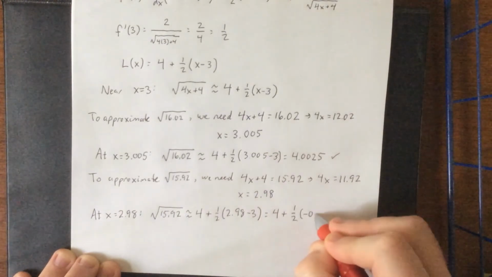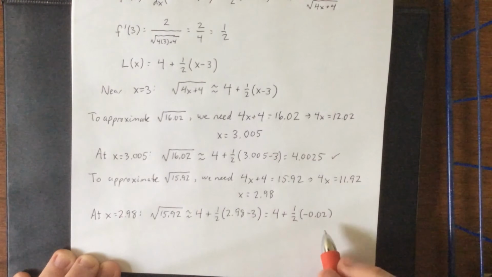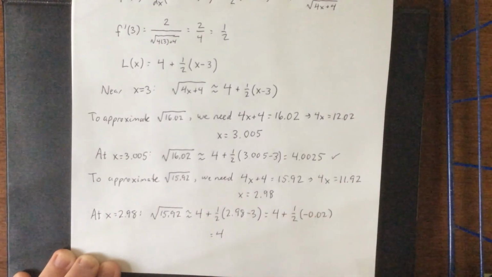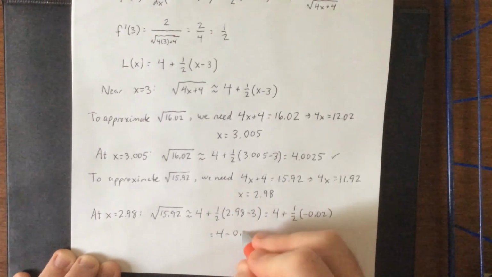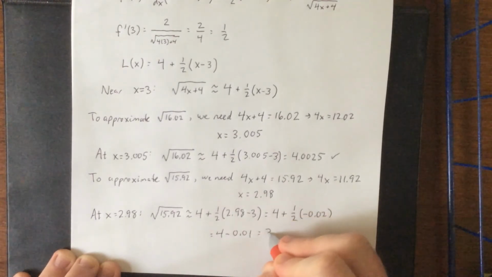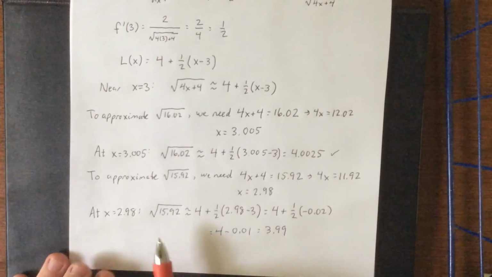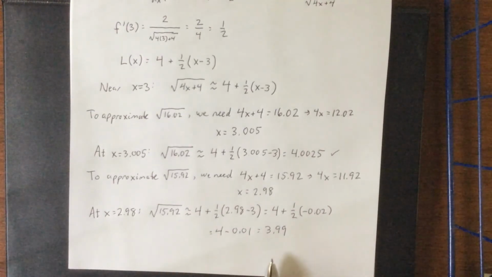It's half of negative 0.02. Taking half of that, we'll call that minus 0.01, which will be equal to 3.99. So I'm predicting that the square root of 15.92 is going to be approximately equal to 3.99.